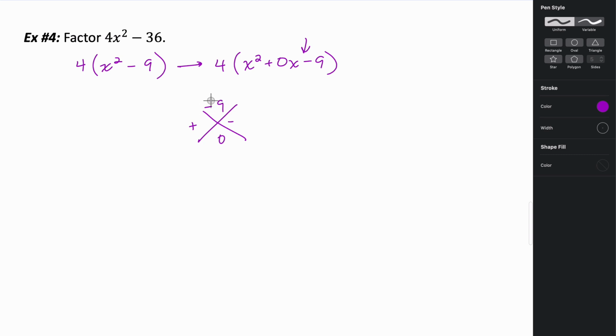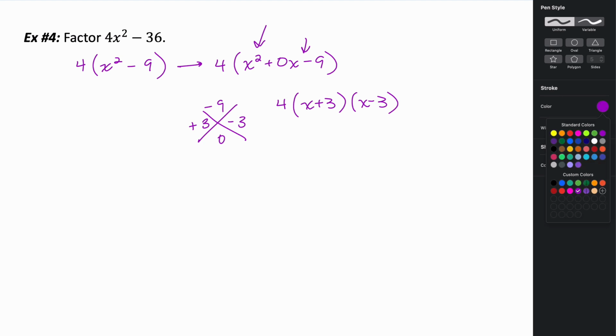They're opposites. It's going to be positive 3 and negative 3. And here the leading coefficient is 1, so we're going to have 4 times x plus 3 and x minus 3, right? We have the shortcut that we can use.